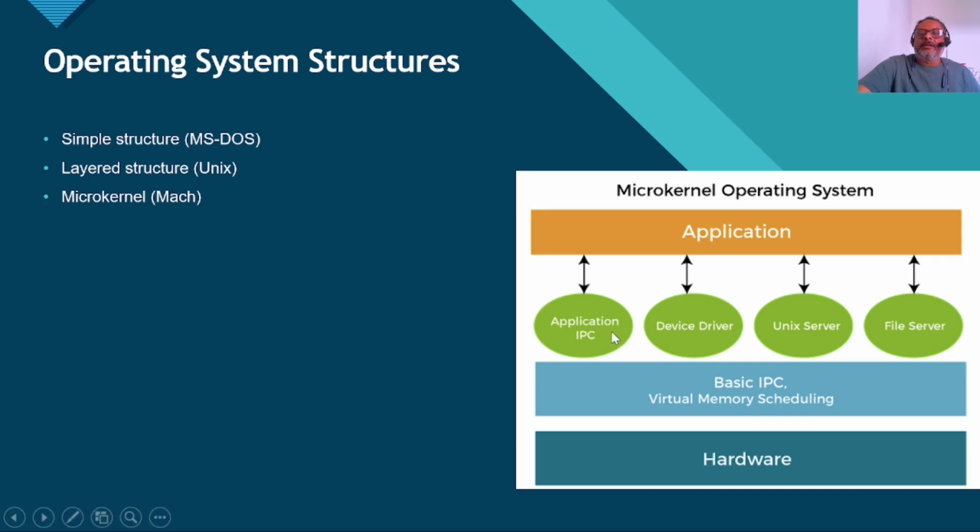On that, separately, various system programs are written, like IPC, the device drivers, Unix servers, file servers and all that, and these are interacted with by the applications. So the applications have to interact with the various system software, and through system software only they can interact with the microkernel, and through the microkernel only any interaction with the hardware is possible.